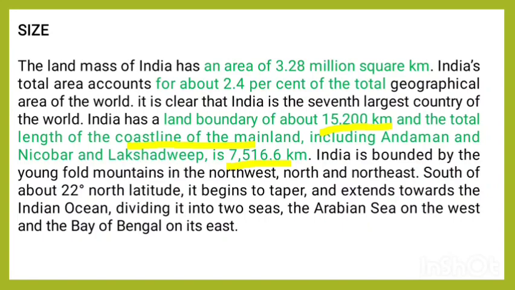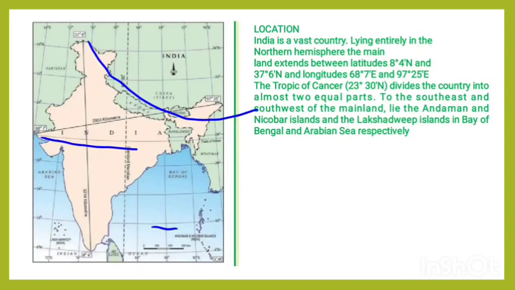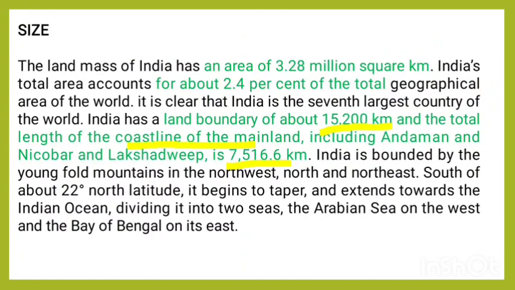In the south, after 22 degree latitude, it narrows and extends towards the Indian Ocean, and it is divided into two seas, the Arabian Sea in the west and the Bay of Bengal in the east.